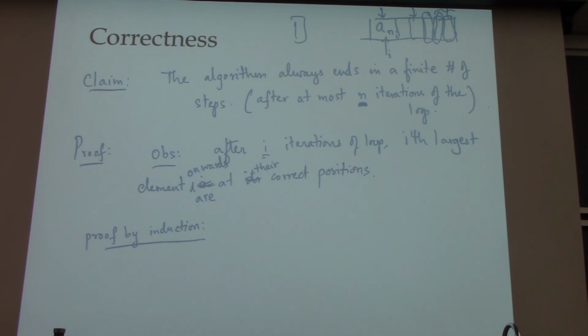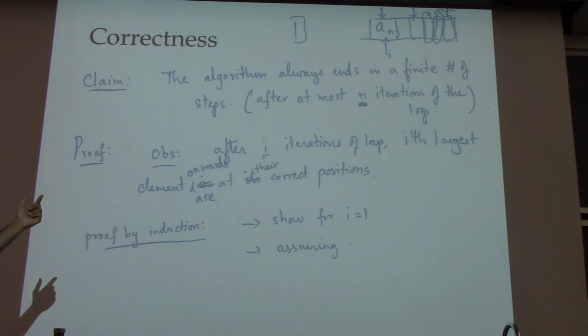So don't you have to prove a base case first? Yeah. So first show this for i equals 1, and then you've got to say, assuming the first i iterations work out correctly, the i plus 1th iteration also satisfies this observation.